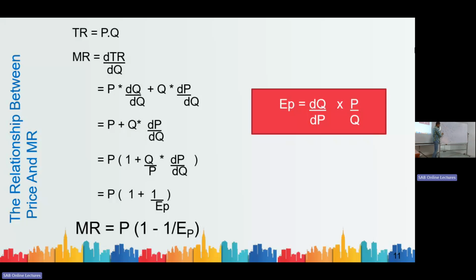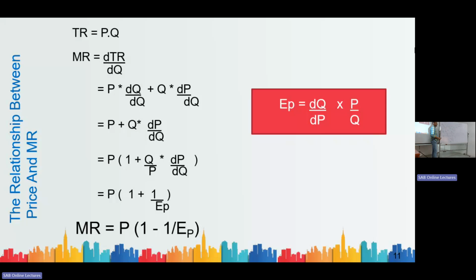Then consider another point. The price is 5. And let's say at this point the price elasticity should lie between 0 and 1. So let's take minus 0.5. We are considering its absolute value. It's 0.5.